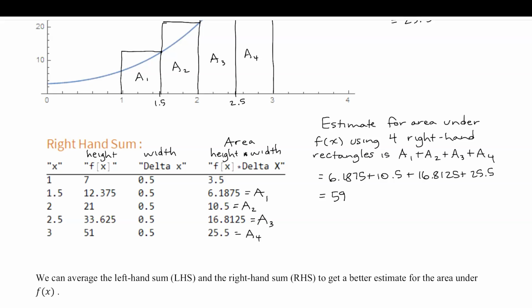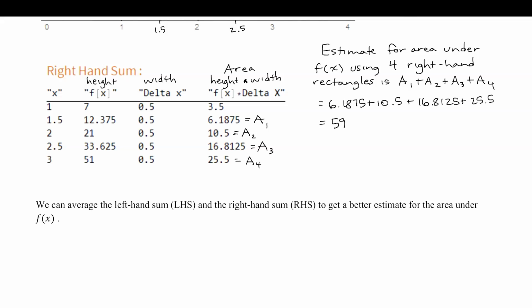I'm going to say this but not write it down, but you might want to write it down and see if you can understand it. If I take my left-hand sum from the previous page and subtract 3.5, then I will have A1 plus A2 plus A3, and then I can add 25.5 onto that, and I should get 59.